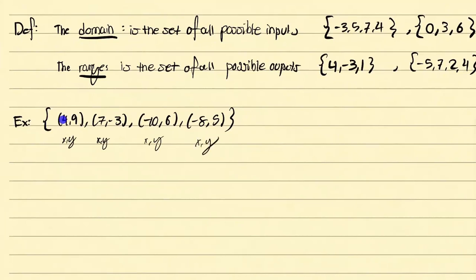So that means these X values here make up the domain. It's going to be 4, 7, -10, and -8. Those are all the unique numbers. And the range will be 9, -3, 6, and 5.